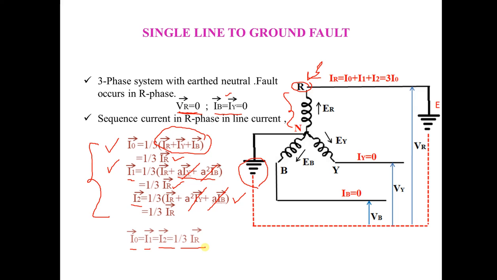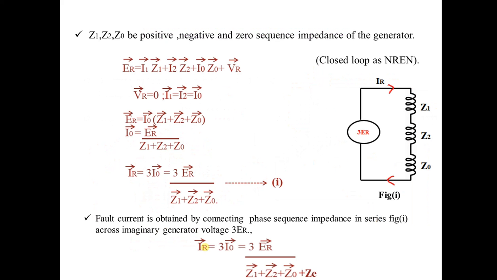Next we are going to find the fault current. First the expression for the fault current IR is derived, and then we are going to find it in terms of the sequence quantities. We consider Z1, Z2, Z0 as the positive, negative and zero sequence impedances of the generator.